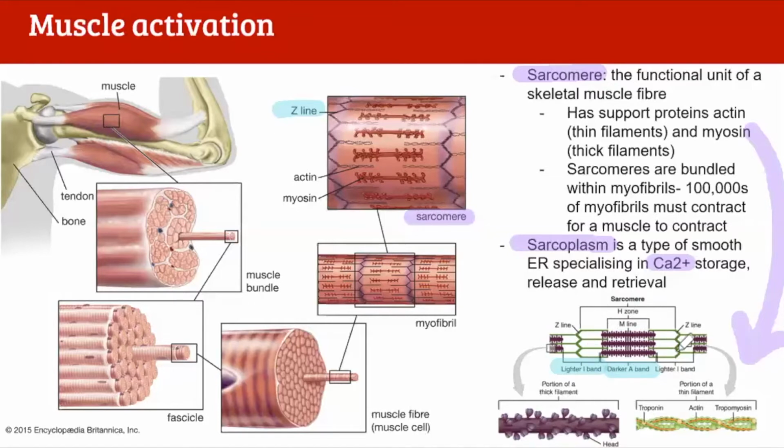Many sarcomeres in a myofibril, many myofibrils in a muscle fiber or a single muscle cell, and muscle cell to muscle fascicle to bundle or skeletal muscle. So I hope you guys are getting the idea of the layers here, and also gaining familiarity with the sarcomere, the small contractile unit of muscle, and the sarcoplasm, a special type of smooth ER responsible for calcium storage, release, and removal.